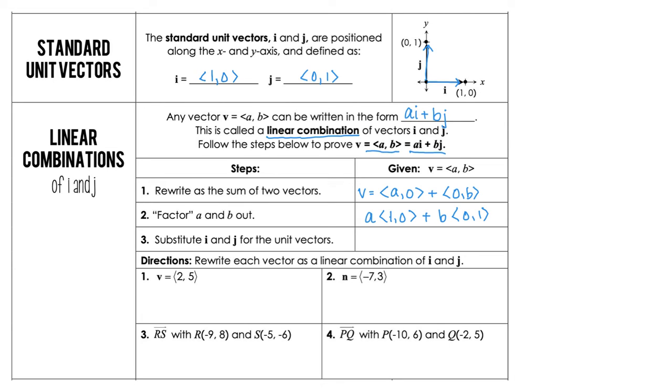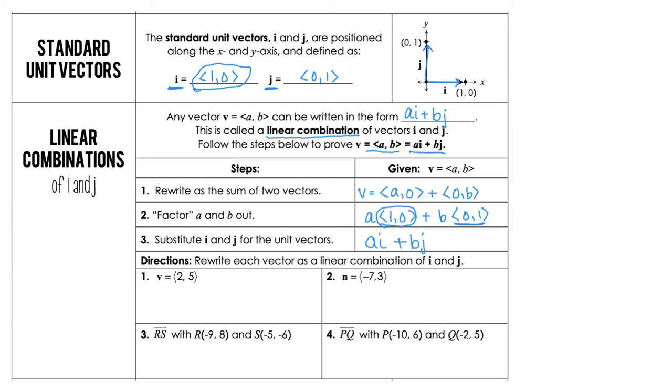And so here we've got 1 comma 0. Well, that's what we had up here, so that's going to replace this with i plus, same thing here, that's what we had for j, so that's going to become B times j.